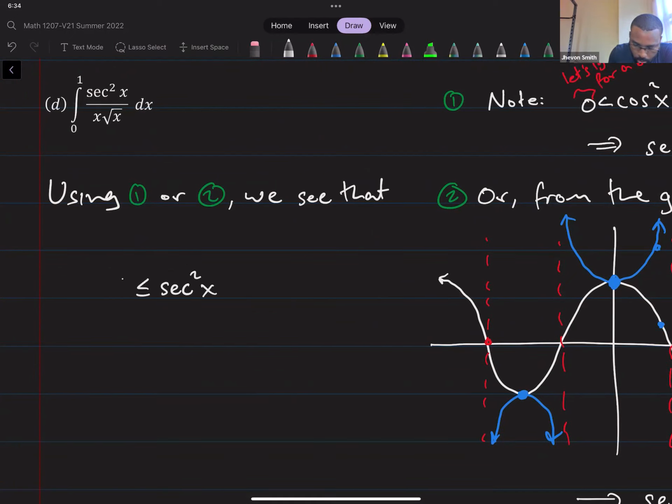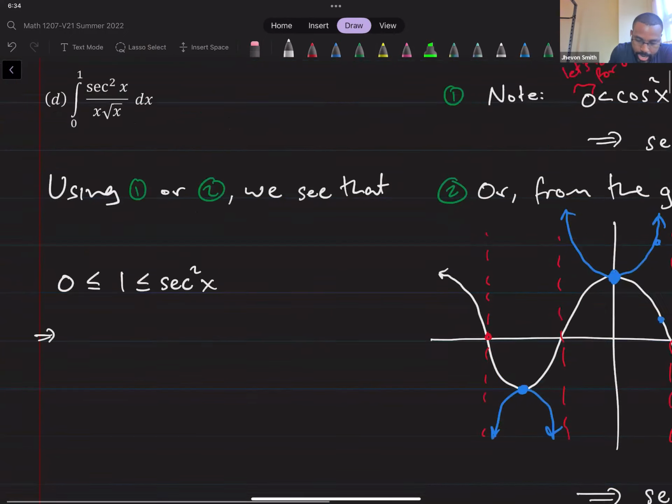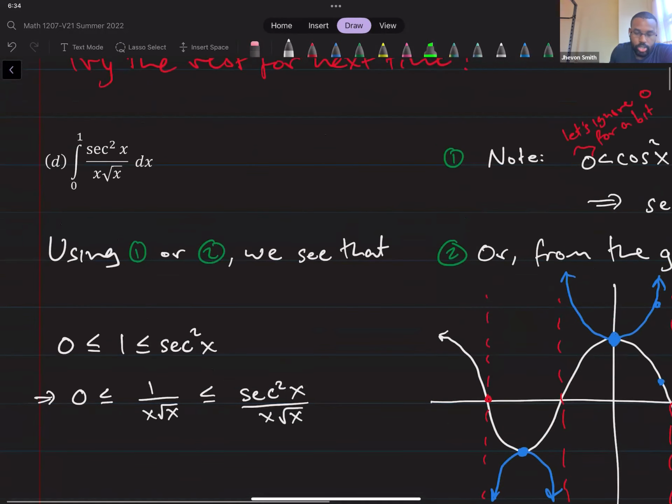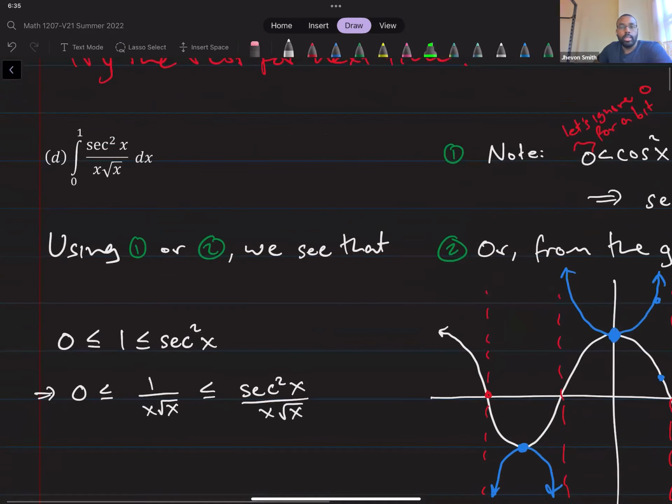Obviously, 1 is larger than 0. And so now I can divide everything by x radical x. So 0 is less than or equal to 1 over x rad x, which is less than or equal to secant squared x over x rad x. So now I've constructed a set of inequalities for this.